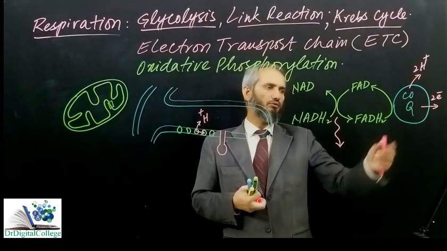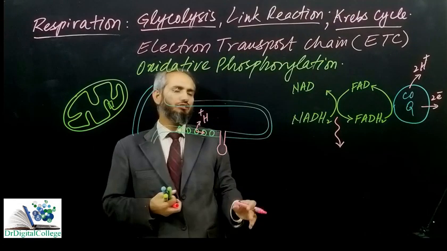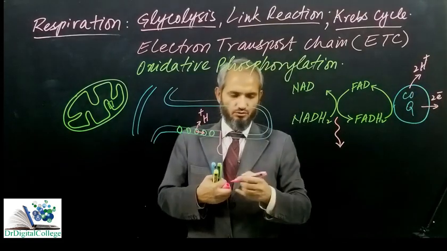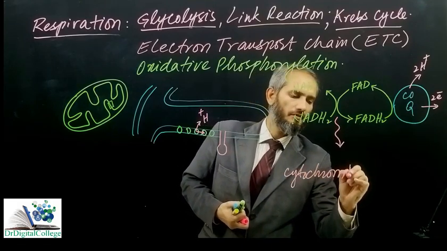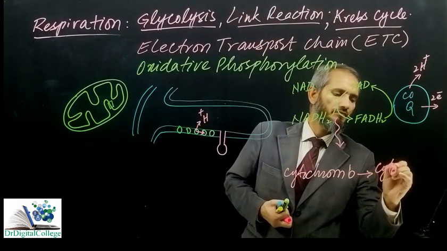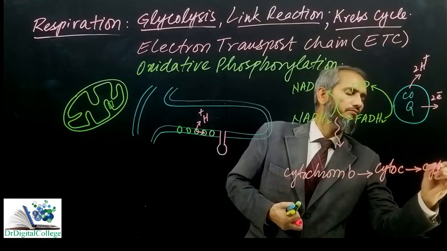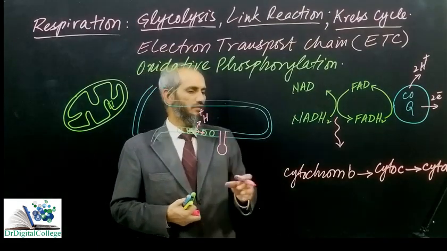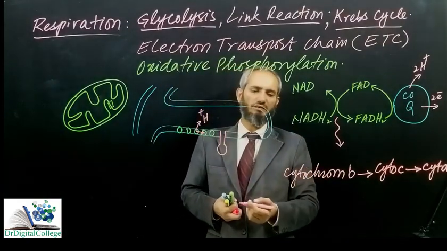These electrons go from one cytochrome system to another cytochrome system. It means the electron transport chain is comprised of cytochrome systems. Now the next step will be cytochrome B to cytochrome C to cytochrome A. There are many other cytochromes, but just for short, I have written those cytochromes during which energy is given out.